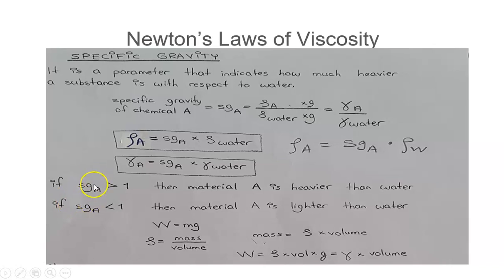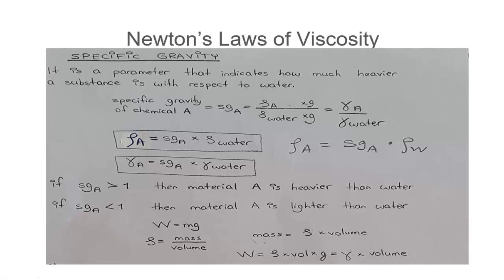All right. So if the specific gravity of a substance is greater than 1, then the material is heavier than water. If the specific gravity is less than 1, then the material is lighter than water. This is how to carry out simple analysis.